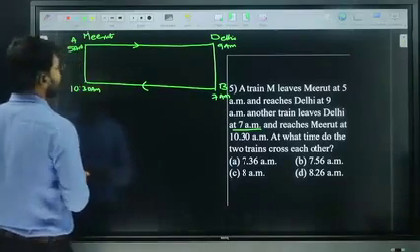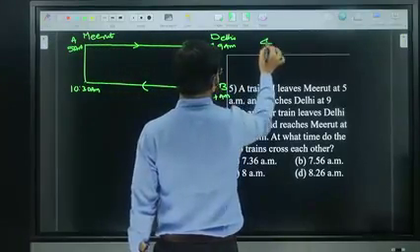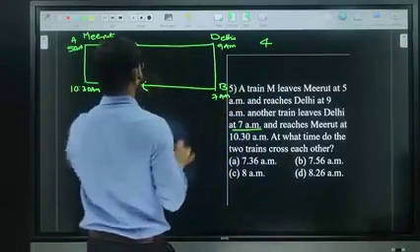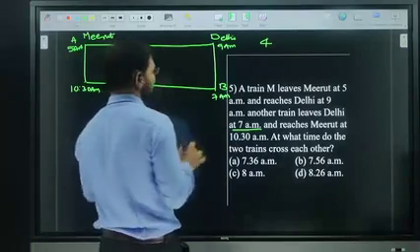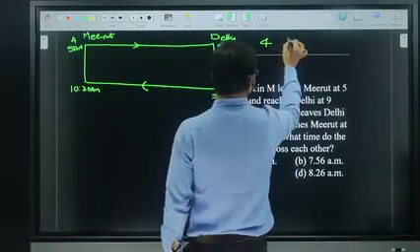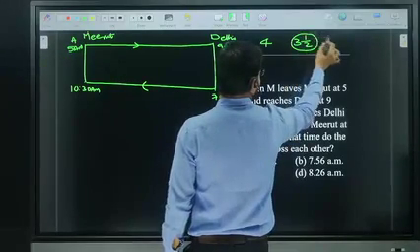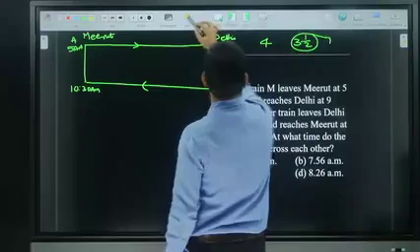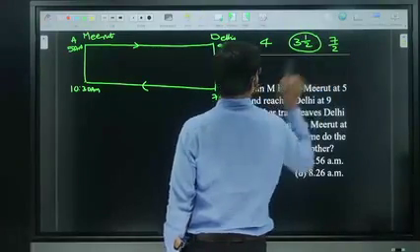First train duration is what? First train duration is 4 hours, 5 o'clock to 9 o'clock. Second train duration is what? 3.5 hours. 3.5 hours I can simply write as 7/2 hours. Okay?